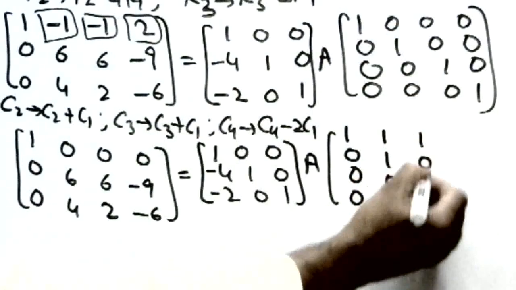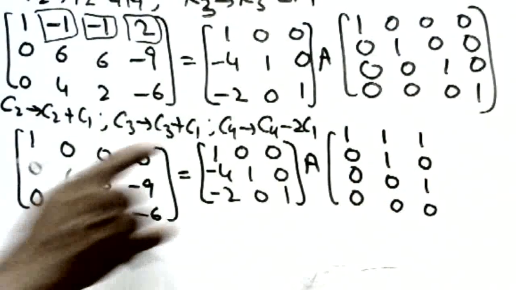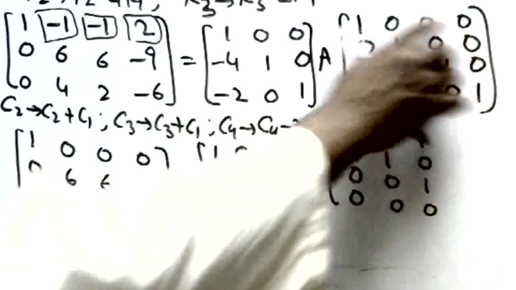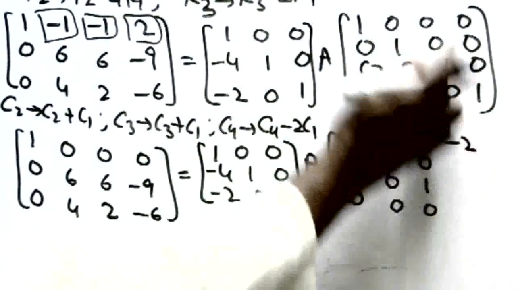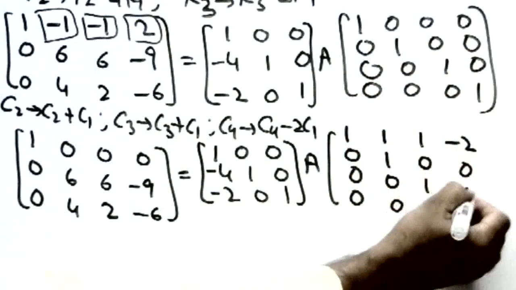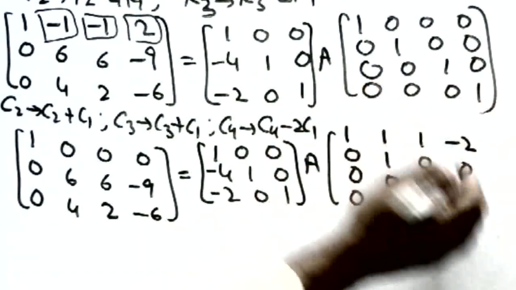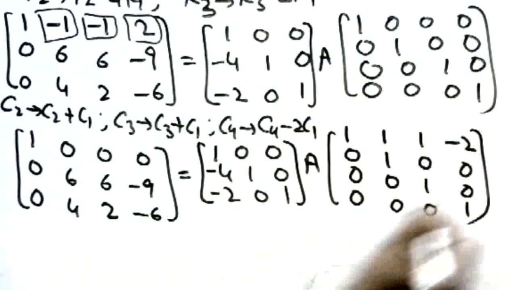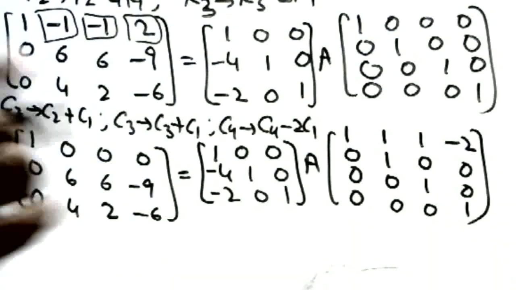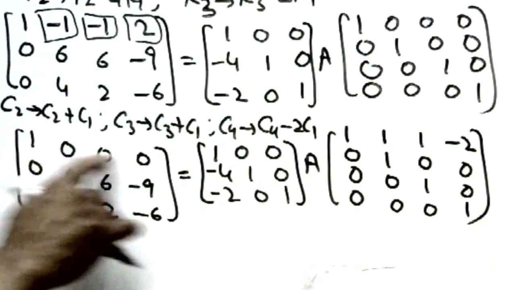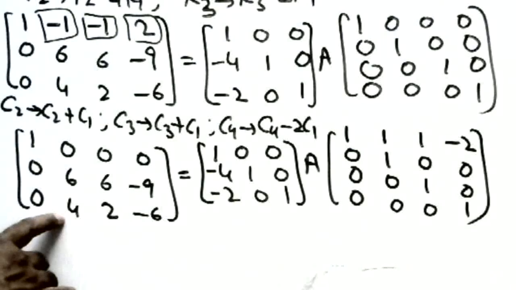And C3 also, C3 plus C1: 0 plus 1 is 1, 0 plus 0 is 0, 1 0. Now lastly C4 minus 2 C1: 0 minus 2 ones are 2, minus 2, both are 0. So this is 1 minus 2 into 0 is 0, 1 minus 0 is 1. So if we finish the next step, now first we made these two zeros.